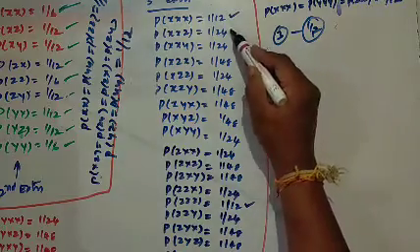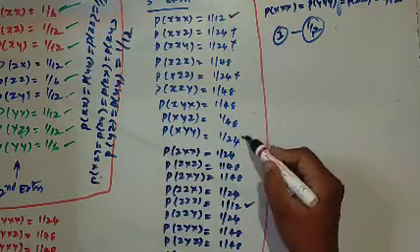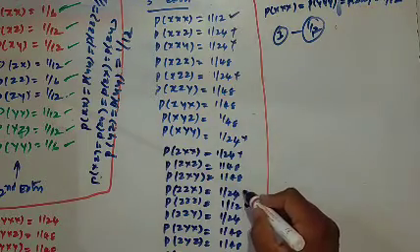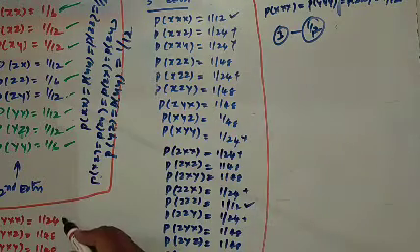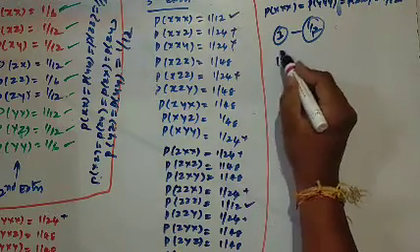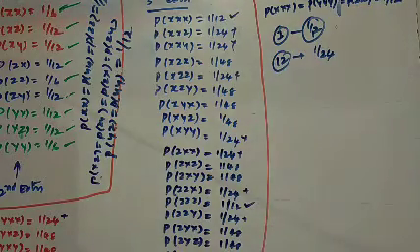Similarly 1, 2, 3, 4, 5, 6, 7, 8, 9, 10, 11, 12. See, 12 items I got 1/24.